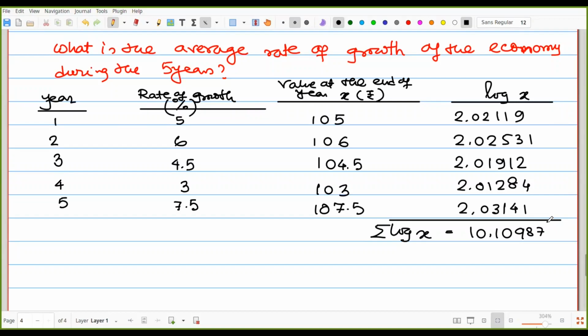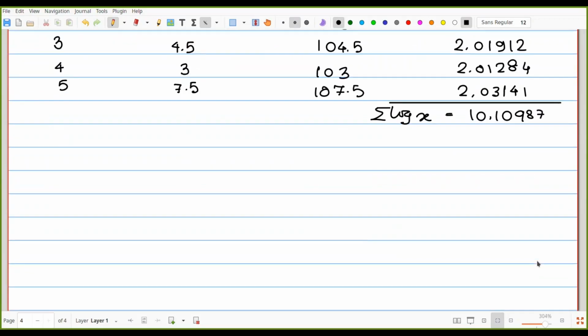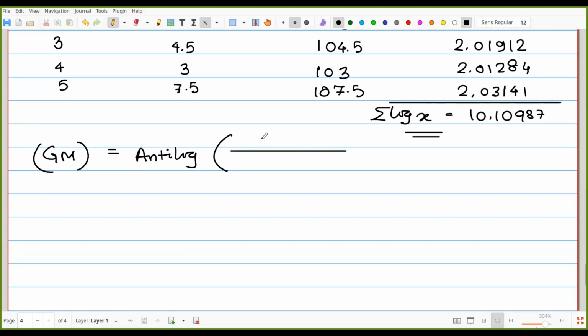So what is the geometric mean now? Already we have found that log x. So GM, at the first time I am writing directly, means anti-log of summation of log x divided by n. Now we can find out the n. N means total 5 years.